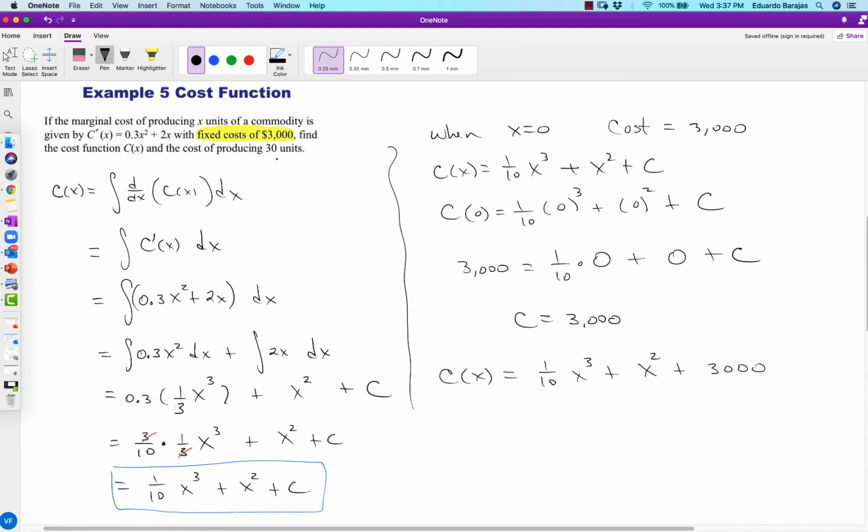And finally, we can get to the last part here. They asked us to figure out what's the cost of producing 30 units. So now all we have to do is evaluate this at 30. 1/10 cubed plus blank squared plus 3,000. And so we evaluate it at 30 there, 30 there, 30 there.